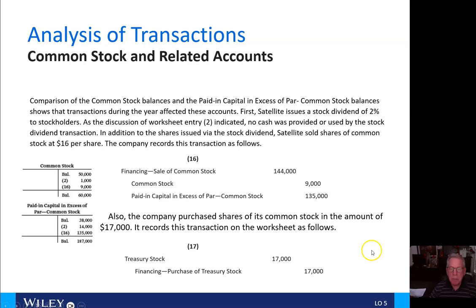Also, the company purchased shares of its common stock in the amount of $17,000. So under transaction 17, it'll record that transaction by debiting treasury stock here for $17,000, and in the financing section, credit the purchase of treasury stock.